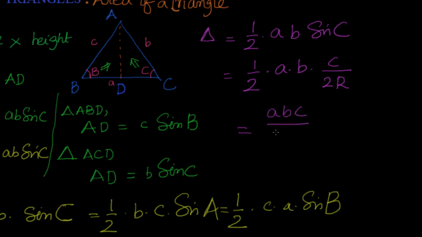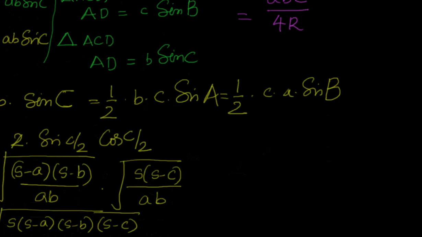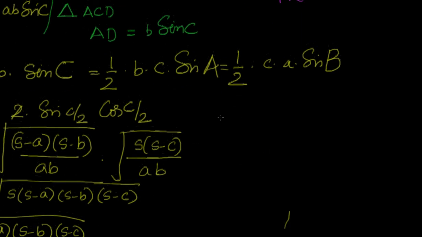Now this is a small piece I am leveraging. If you multiply this completely, top and bottom, with s minus b into s minus c, what happens? It becomes s minus b into s minus c by s into s minus a.